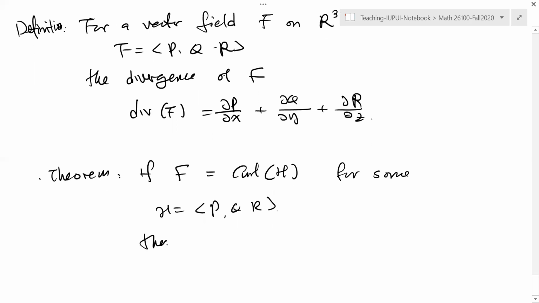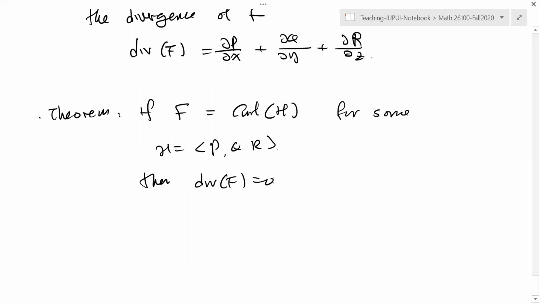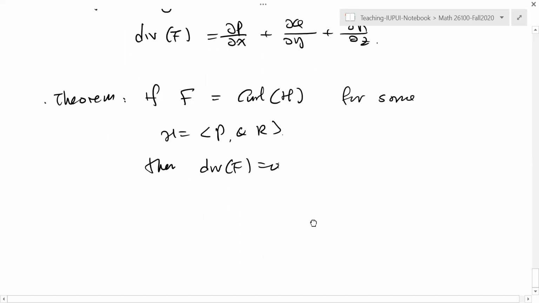Then the divergence of F must be 0. Wow. So that actually answers the question of whether the vector field can be expressed as the curl of another vector field, right? And it's easy to verify directly.